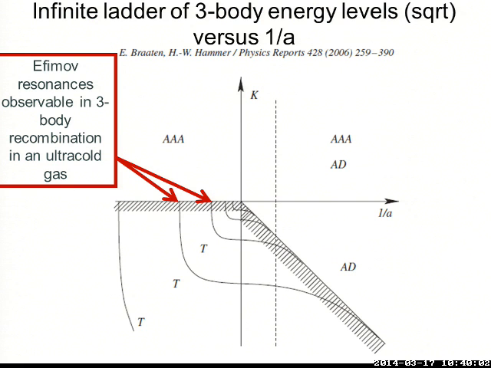So the energy spectrum, going back to Efimov physics, is known to look like this, as displayed nicely in this Braaten review, where you get the infinite number of levels at unitarity, which would be 0 on this 1/a axis.